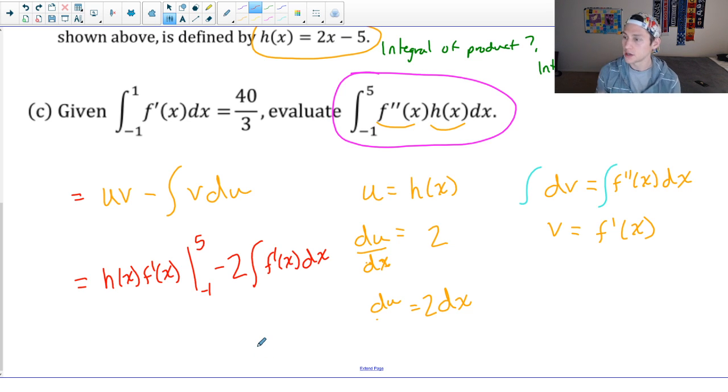Usually we go from I have dx, and now I'm substituting what is equal to dx. But that's not what's happening here. We have du, so we're substituting in what is equal to du. So we solve for du. So du is equal to 2 dx instead of solving for dx. And this is also from -1 to 5.